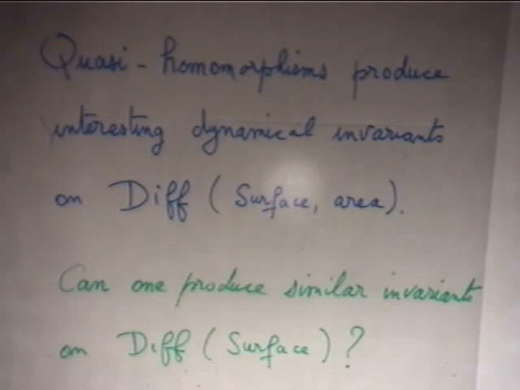I would guess it is unbounded. I have no proof for that. But in any case, if one wants to show that the commutator length is not bounded, one should try to have geometric ideas to construct quasi-homomorphisms, and that could be useful for dynamical systems.